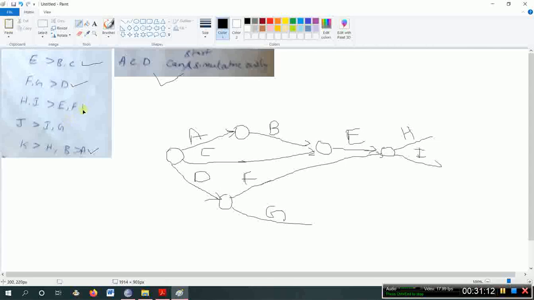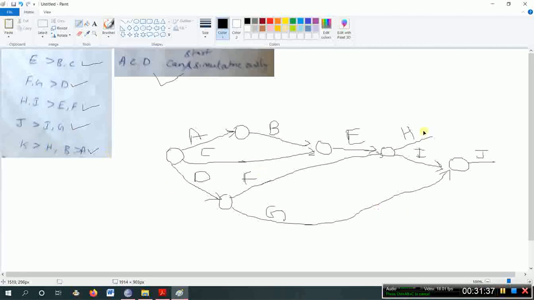And next, after completing I and G, J has to start. So G is here. Okay. J has to start. This is over. Next, after completing H, K has to start.